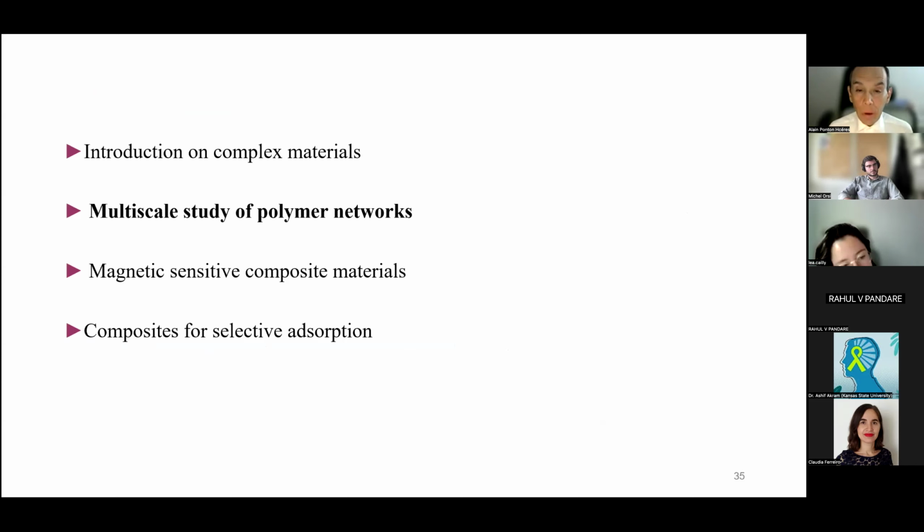So we have just seen that in case of composite, you have a polymer matrix in which you introduce fillers. And we have seen that these materials are characterized by different scale, different energy. So the first question is how to investigate the property of just the polymer matrix at different scale.